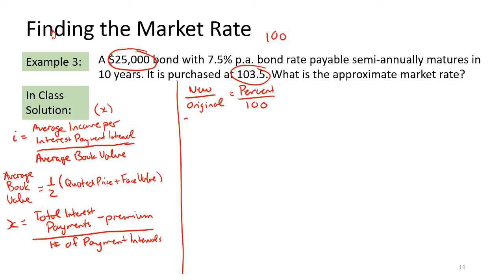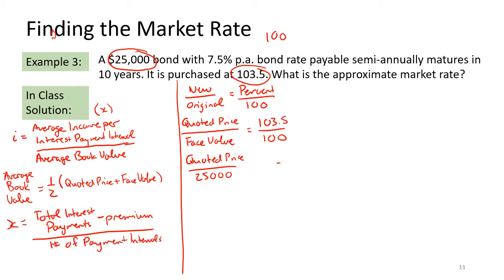In this case, our quoted price divided by the face value is equal to our percent, which is 103.5 divided by 100. Our face value we can also substitute in. So we have our quoted price divided by our face value is equal to 103.5 divided by 100.